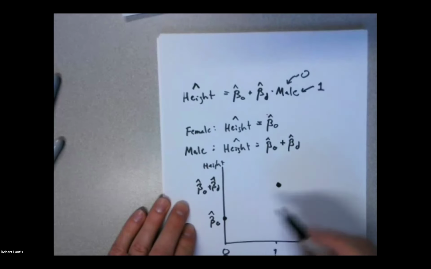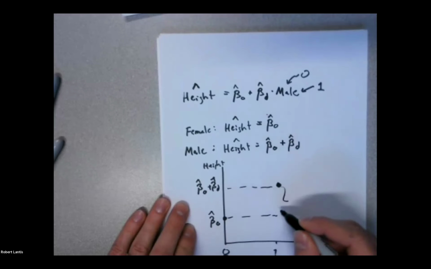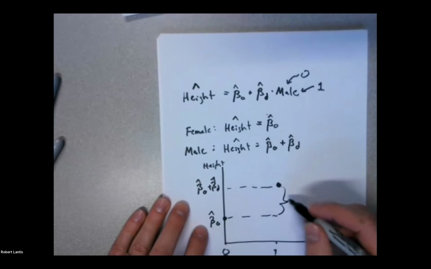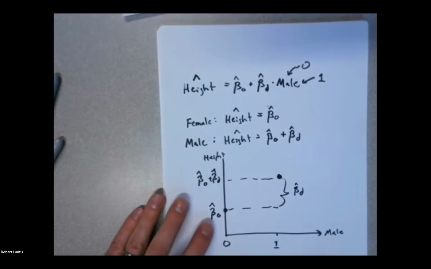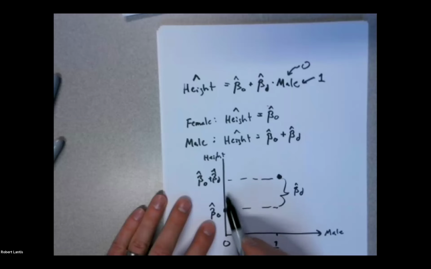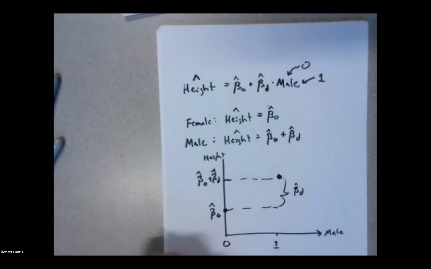So this difference would really be that coefficient on my dummy variable. Or what would the change in predicted height be if I went from the 0 group to the 1 group? So that's what we're doing with dummy variables. It really is just picking up differences in where that average predicted y value is going to start out.